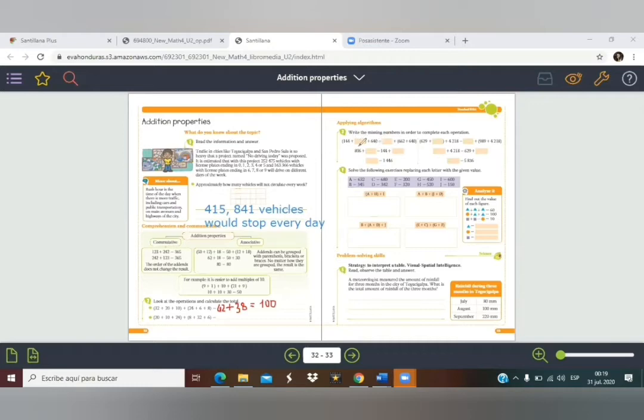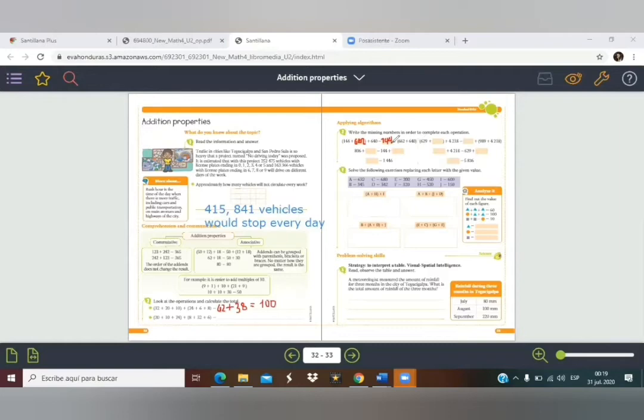What is the number that is missing here? Correct, the number 662. Now here, what is the number that is missing? This one, right? 144.